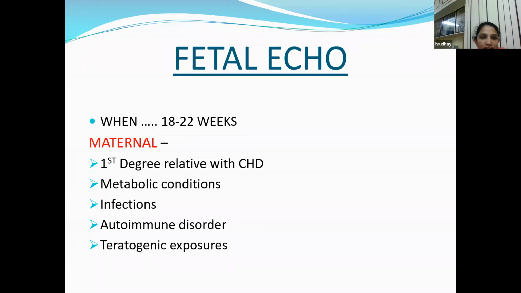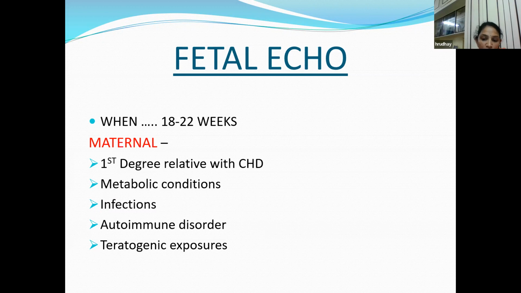What are the main indications? The maternal indications include a first-degree relative with congenital heart disease, metabolic conditions like uncontrolled diabetes, infections like TORCH infections, autoimmune disorders, and teratogenic drug exposures.